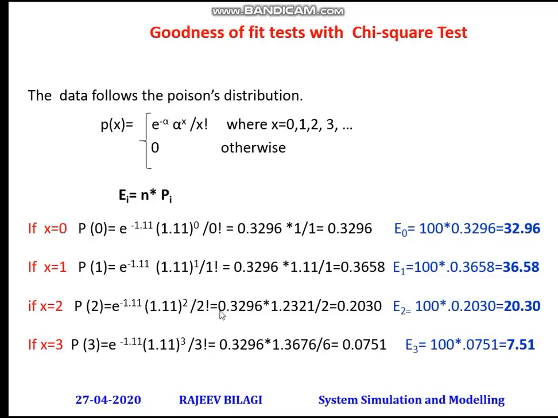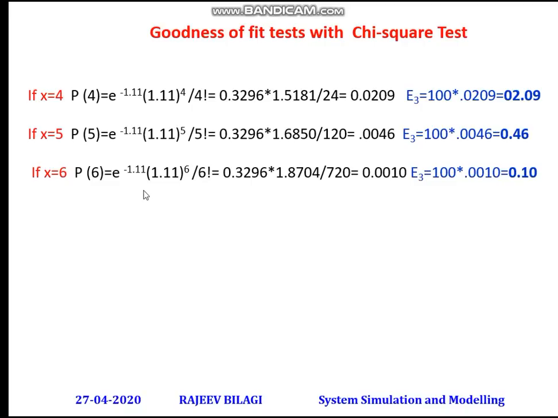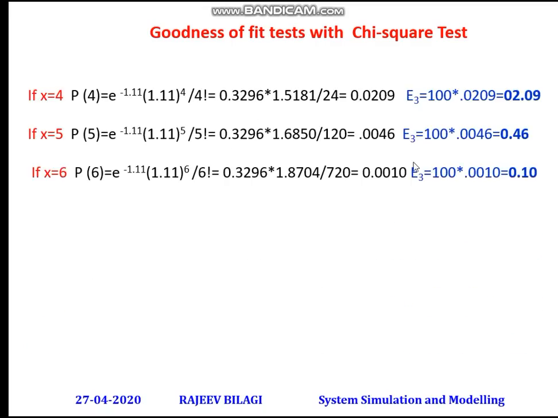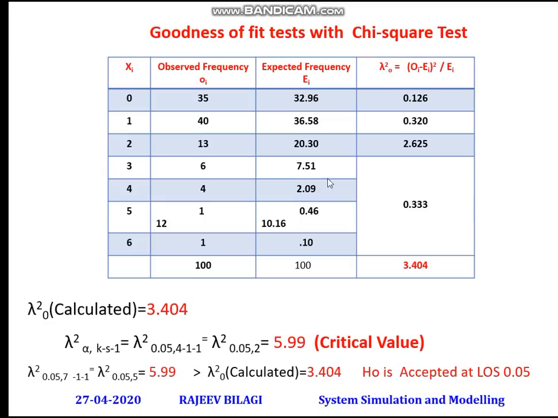That is 0.3296 into 1.2321 divided by 2, and you will get 0.2030, that is 20.30. Like this, you have to calculate the values for all six values. These are all the values that you have obtained. Now I will write all the six values.